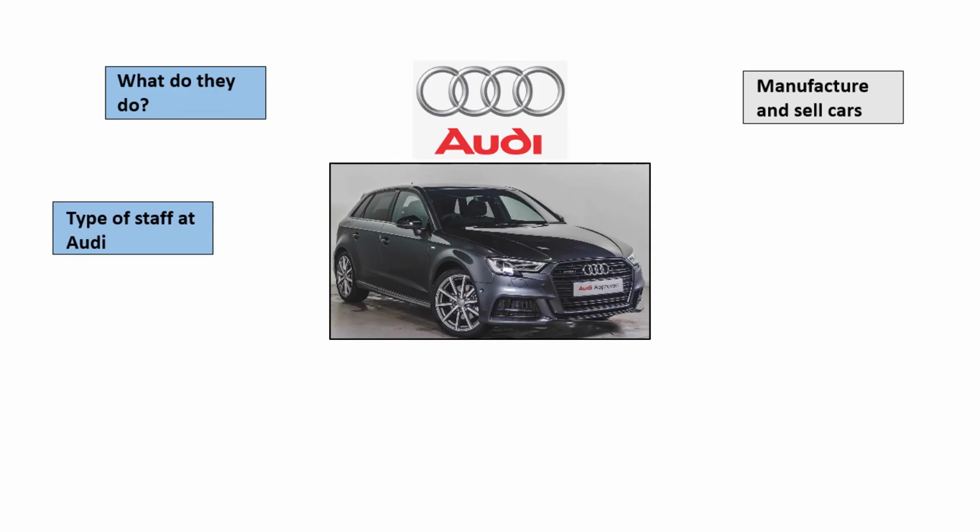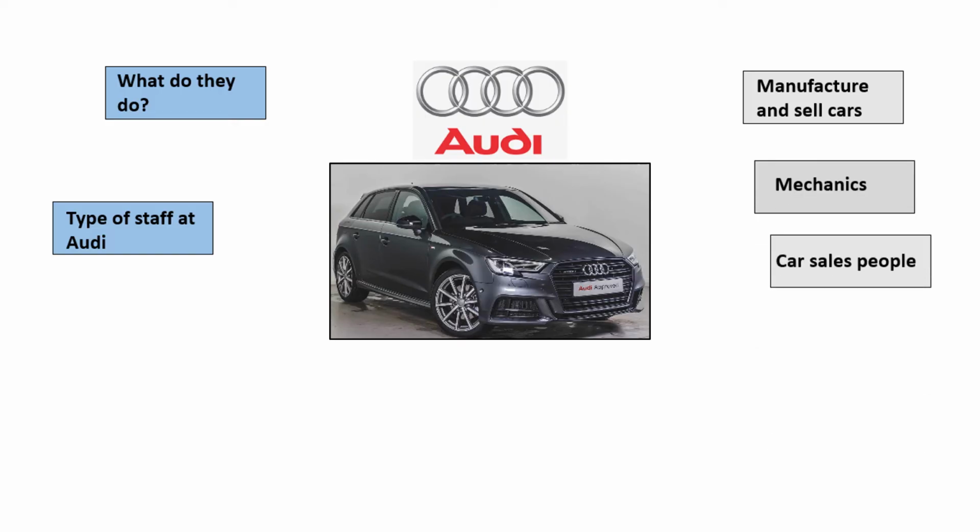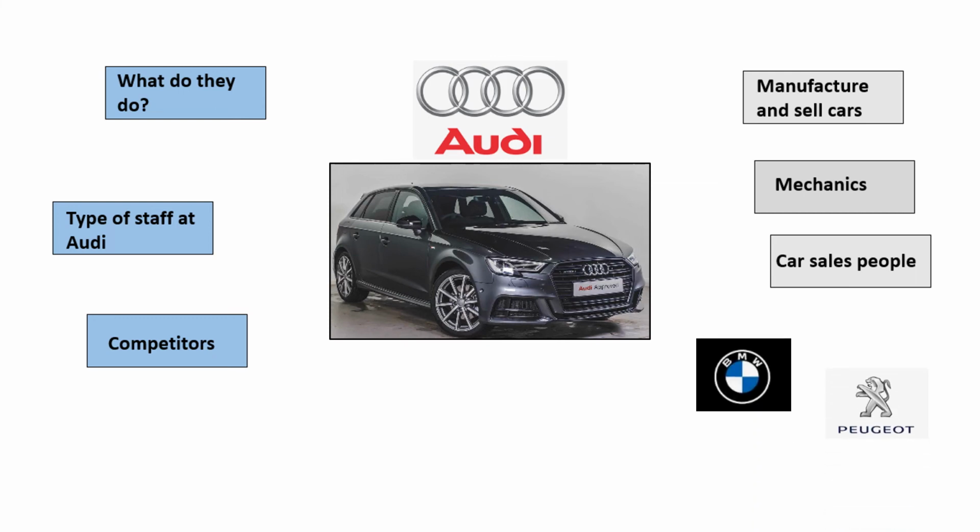So really thinking about how you can link it to the business, not just saying staff, linking it to the business. So we would assume that they have mechanics at Audi, car salespeople. So that's really contextualizing your answer. In addition, their competitors, they have many, such as BMW and Peugeot. So this is information you can use where relevant to really contextualize your answers so you're not just talking about the product, the business, staff, you're really contextualizing your answer.